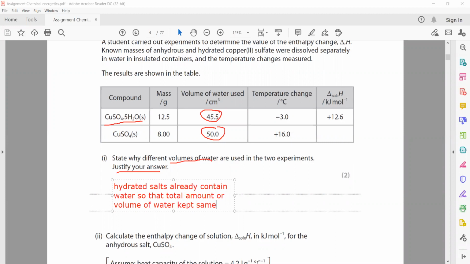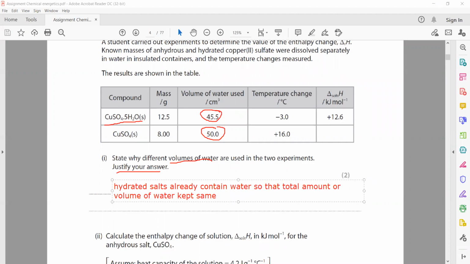As you can see, the total volume or the mass or the amount of the water will be the same. That's why in the hydrated crystal we use only 45.5, but in anhydrous we use 50 cm cubed, so that when we get the total it will come out as 58 grams of each salt.